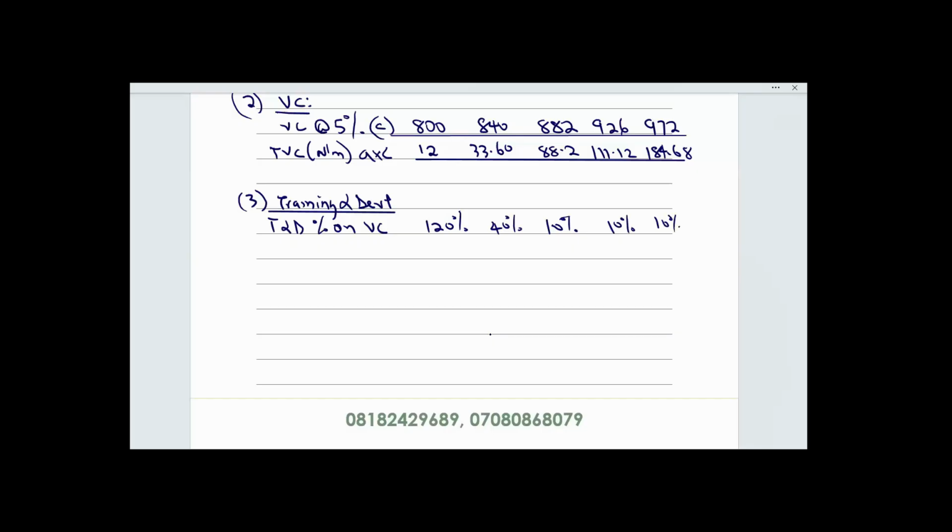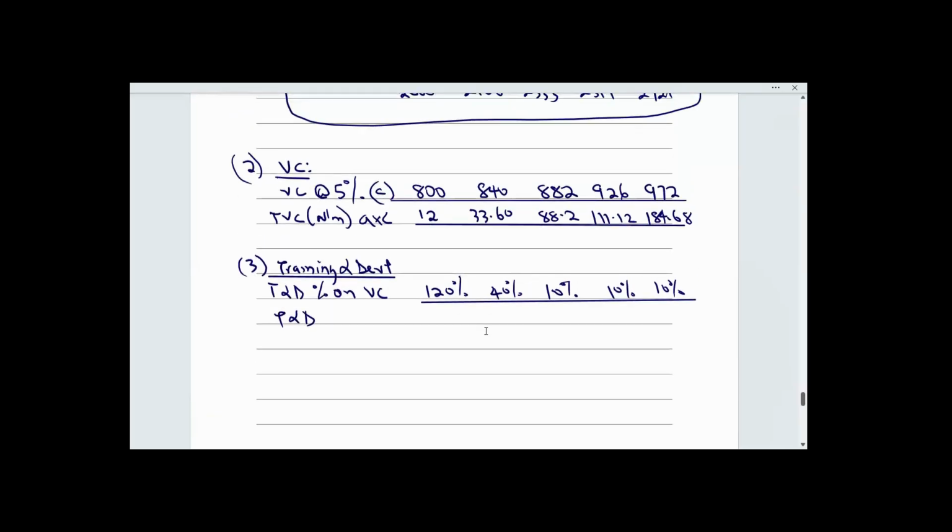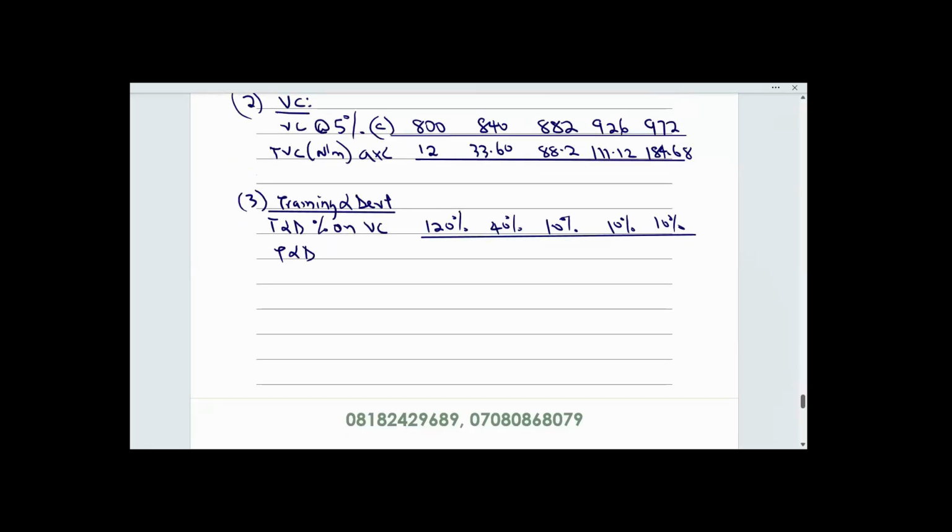These are the percentages of training and development cost on variable cost. So I need to determine the training and development cost. What is 120% of 12 million? I would say 1.2 multiplied by 12. Variable cost in the first year is 12 million. So that's 14.4. Here will be 14.4.